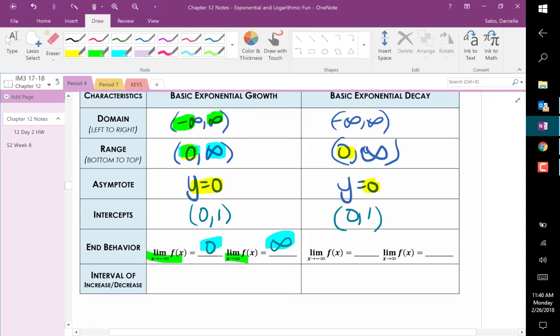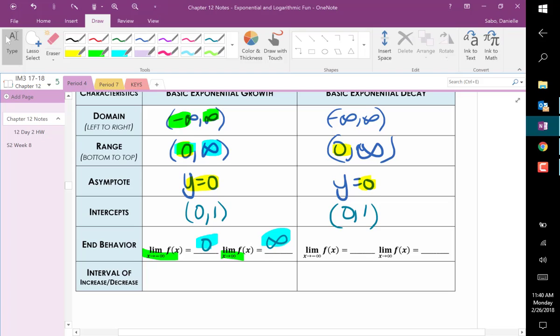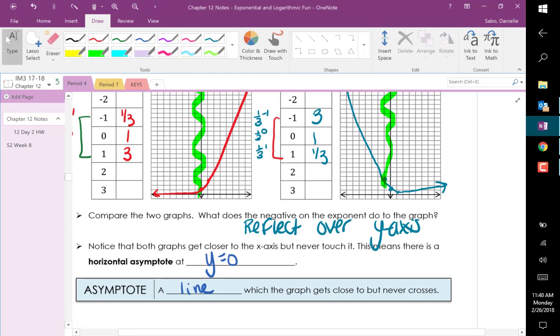And it's going to be similar for decay. The only difference is it's going to be switched a little bit, and here's why. Because here, as x is going to negative infinity, where's the function going? Is it going to negative? Positive.